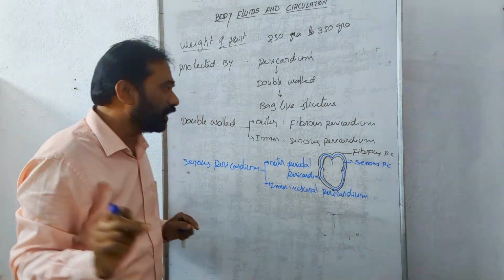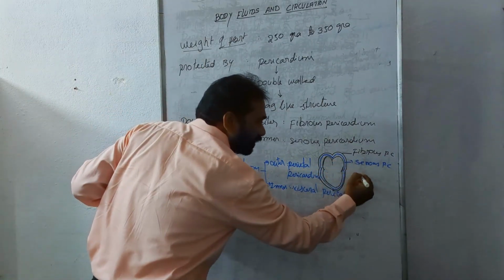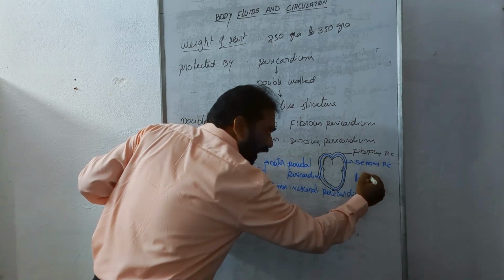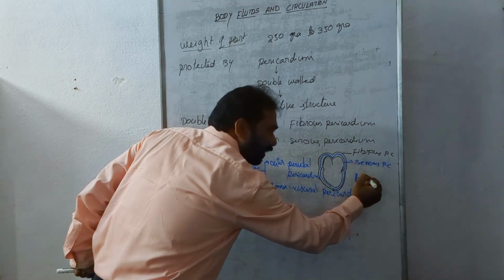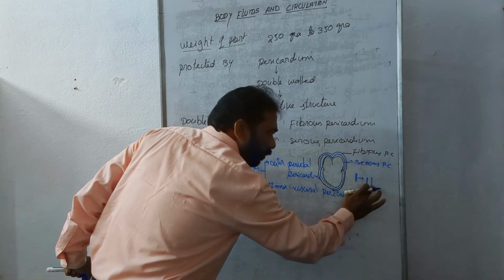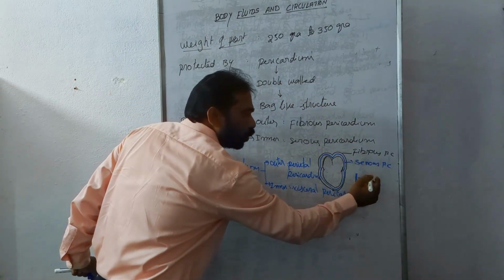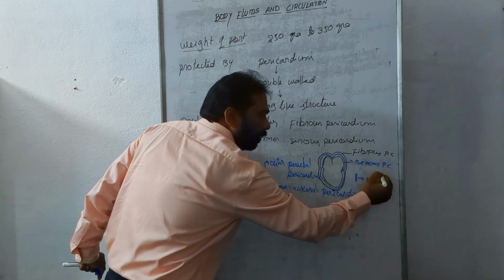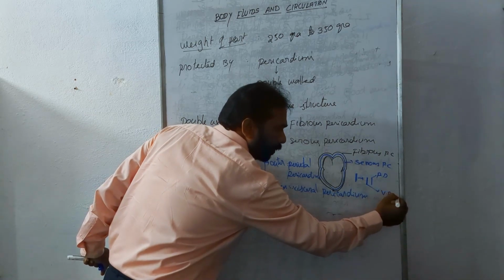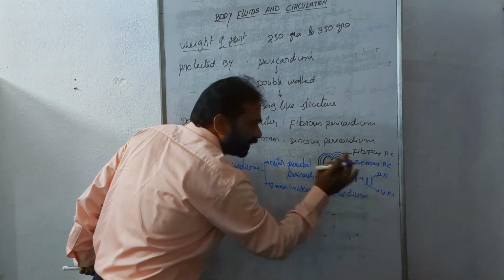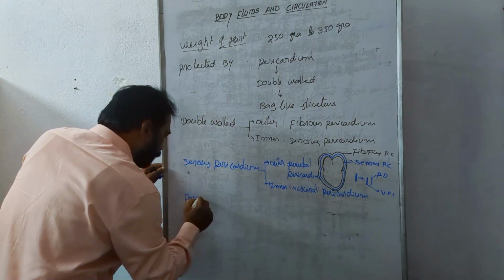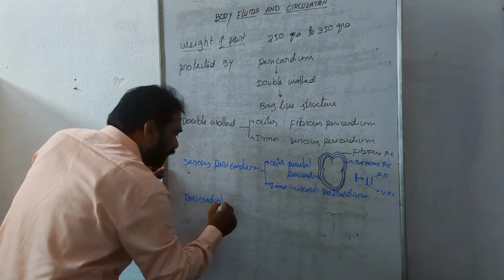In this serous layer, one is a parietal pericardium, then this one is a visceral pericardium. In between these two layers, some space is there. That space is treated as pericardial space.